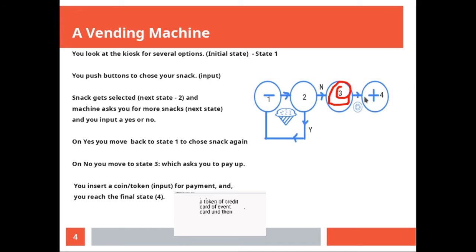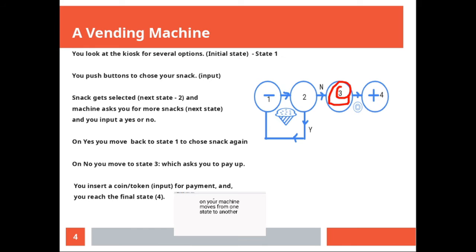So you reach the final state or the halt state. So I have represented a complex vending machine in a very simple way. Of course, there are a lot of cases that I have not covered here, but this is a very simplistic representation. And now I have told you how, based on your inputs, a machine moves from one state to another.